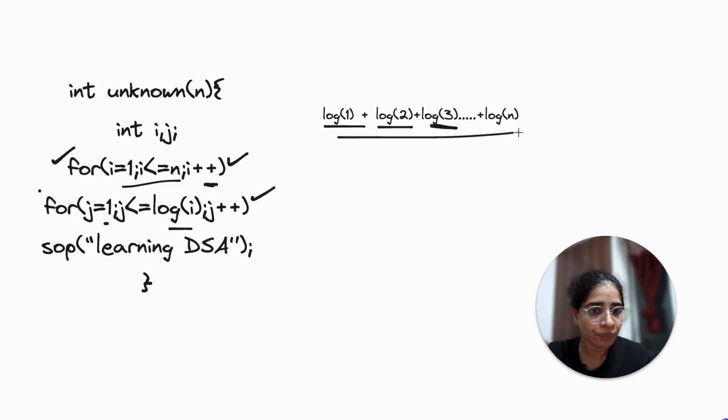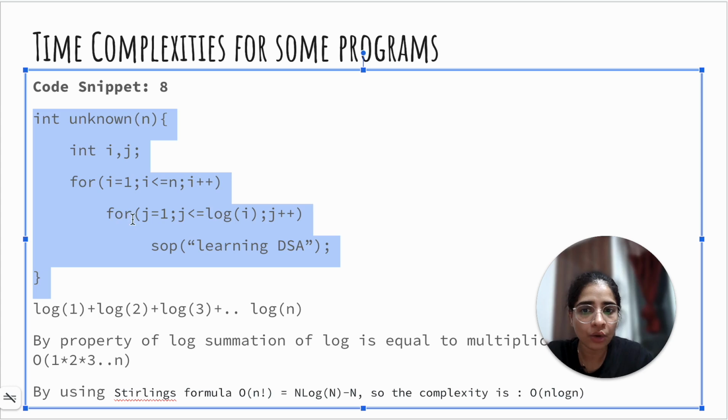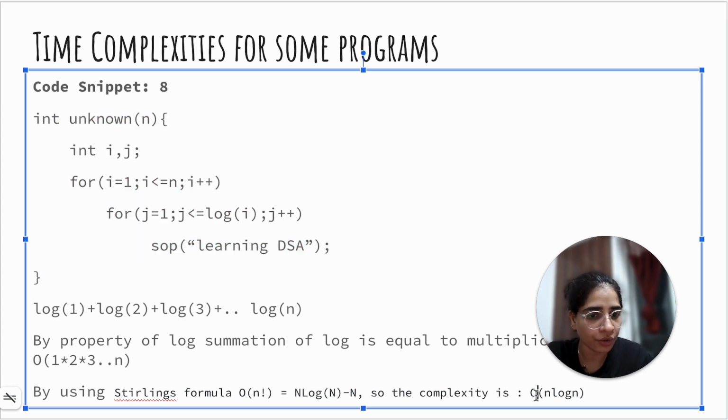There is a property: addition of all logs will be equivalent to log of 1 into 2 into 3 into 4 till n, which is nothing but log of n factorial. And this is equivalent to n log n. So that's how the complexity will become order of n log n.